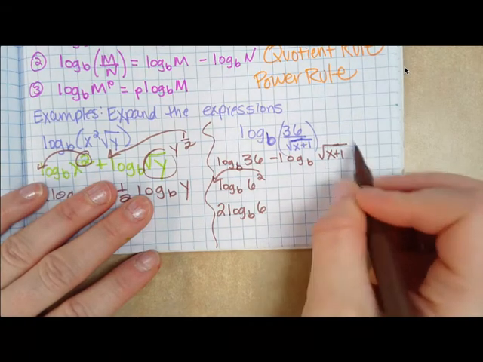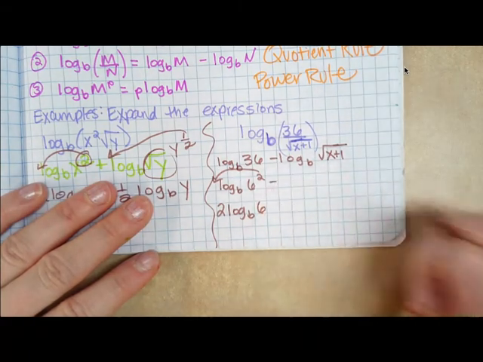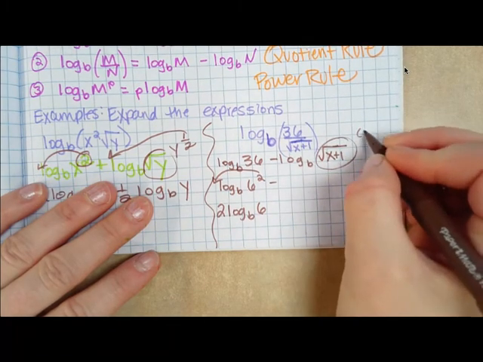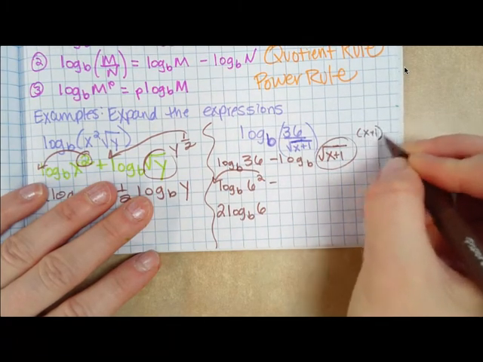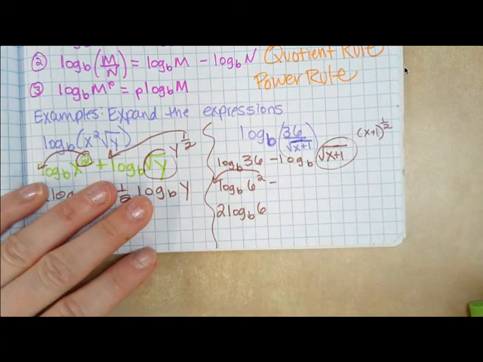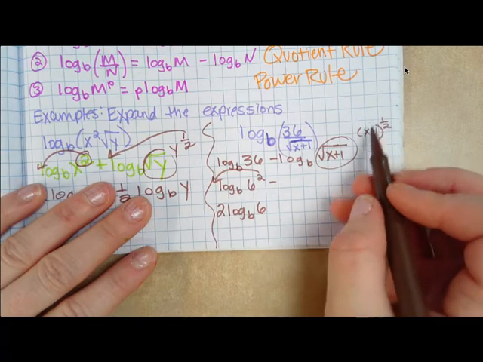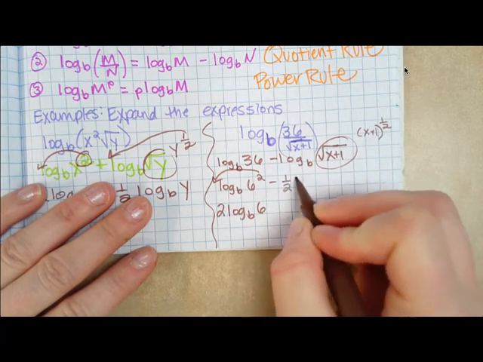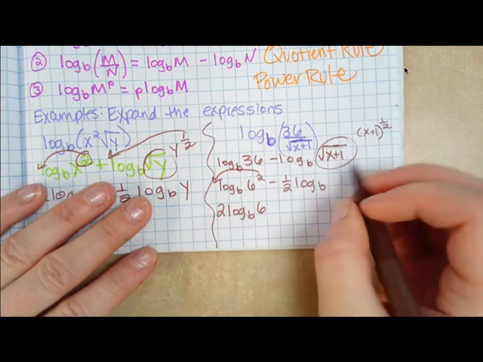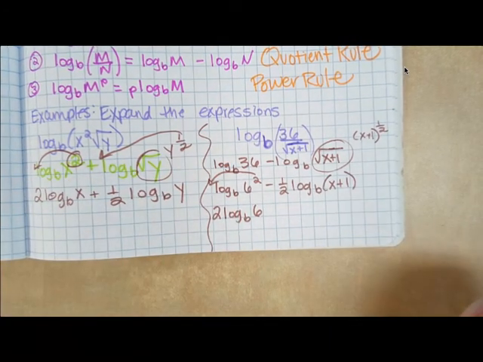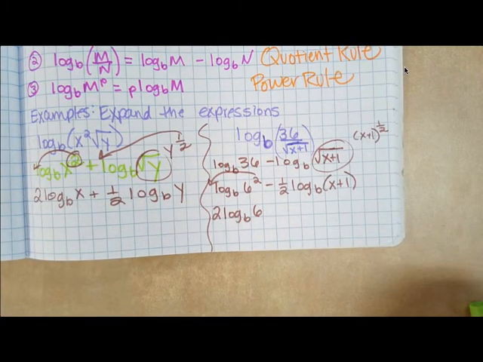Okay, what about this next one? Maybe do it like that. So then we could take that out front and it'd be half log base b of x plus 1. Is that all we can do on that one?